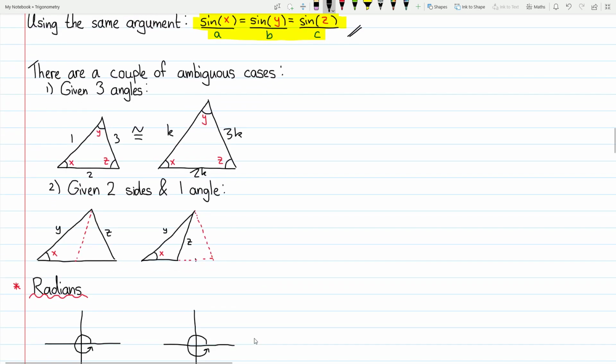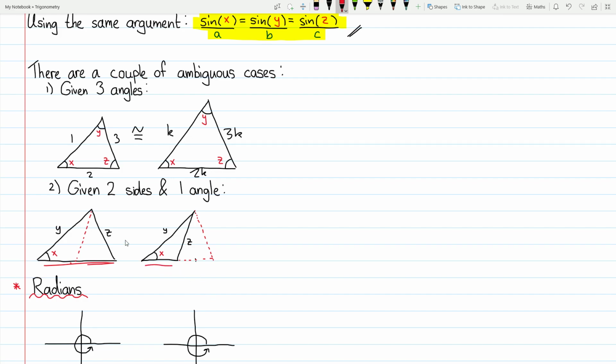The other ambiguous case, which is less known, is when you're given two sides and one angle. So notice we have drawn two triangles which have the same angle, the same side length y, but also the same side length z. In this case, this length here is not the same as this length here.